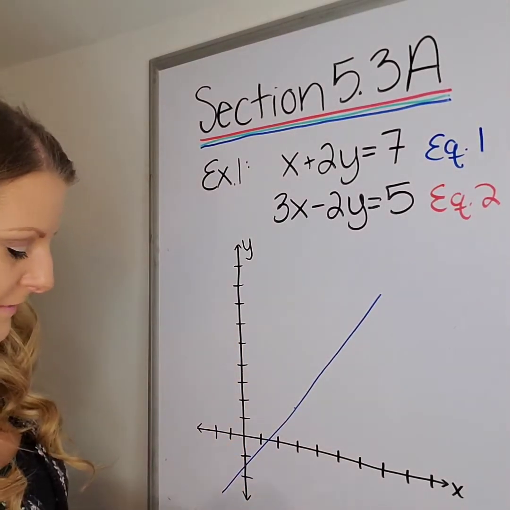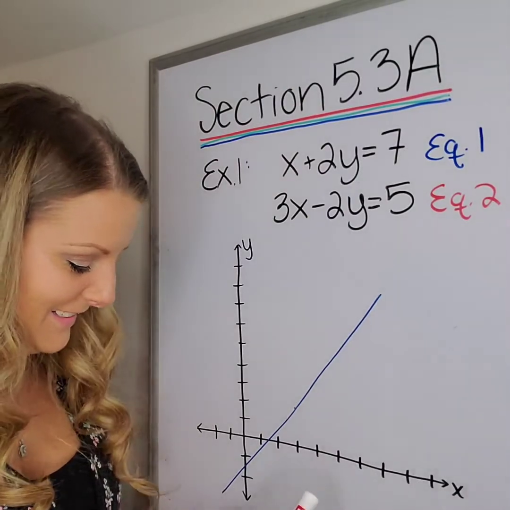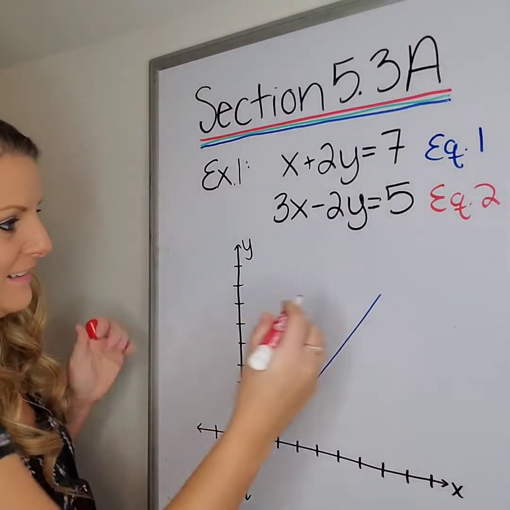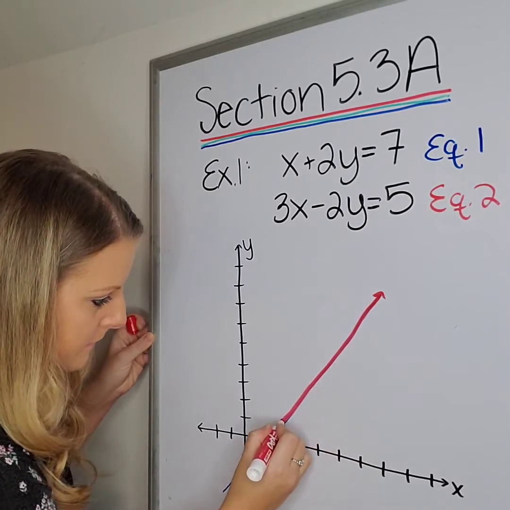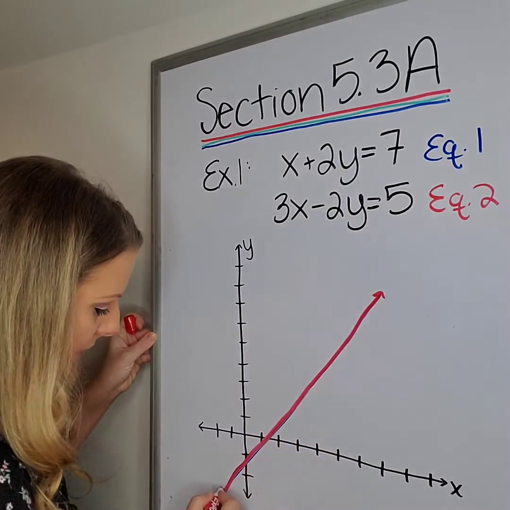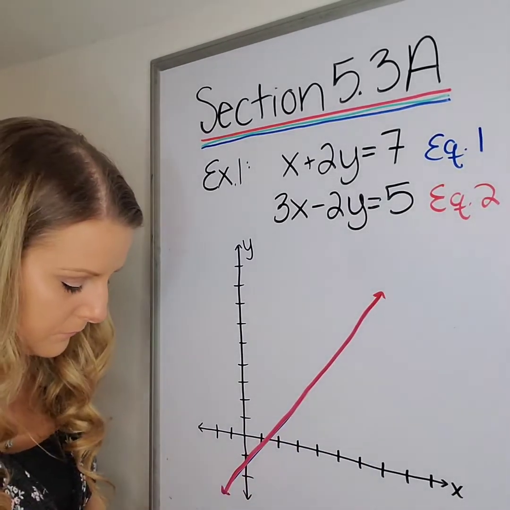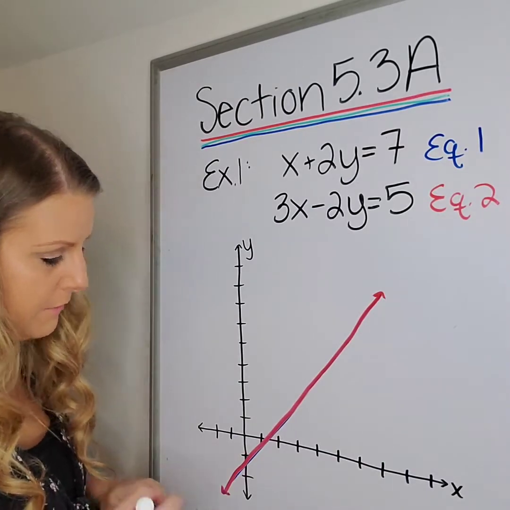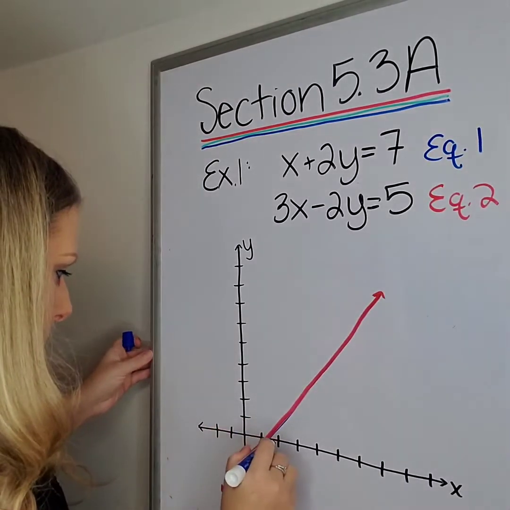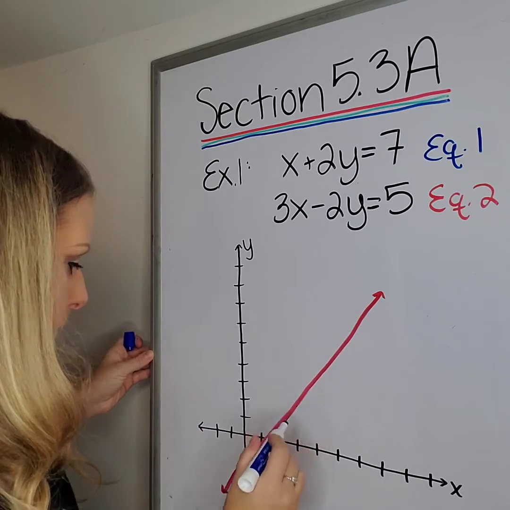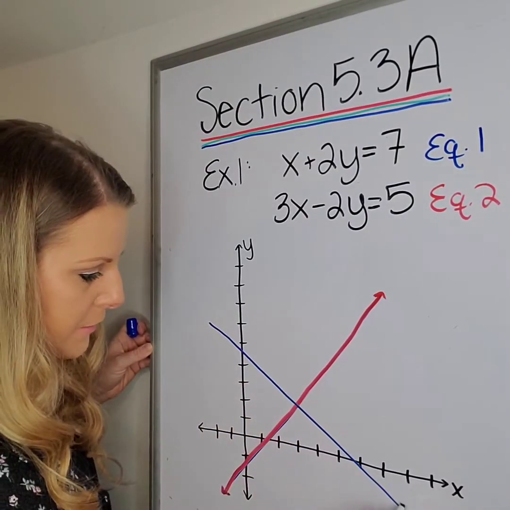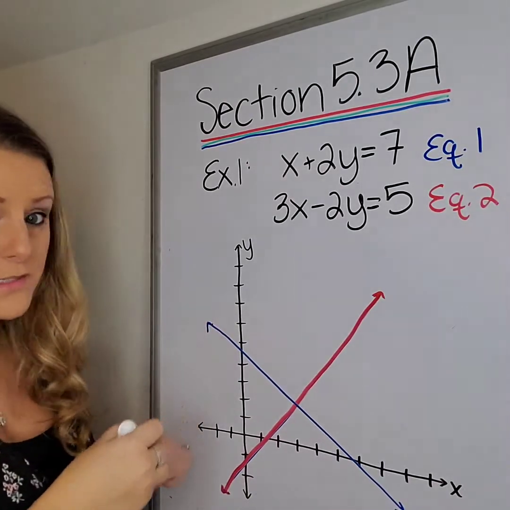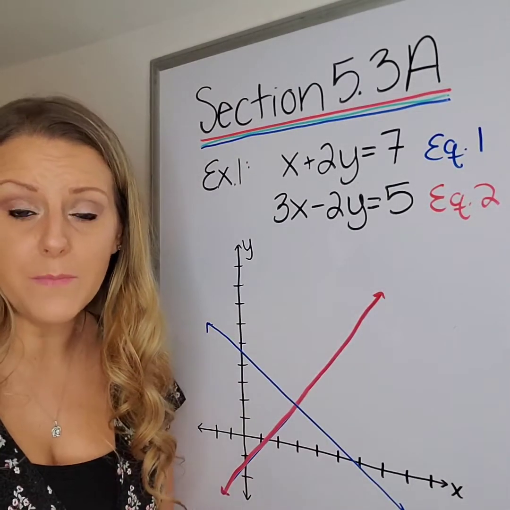That should be red. This was equation 2, sorry. And it kind of looked like that on your paper. And then equation 1 kind of looked like that on your paper. Okay, so these would have already been drawn on your paper for you.